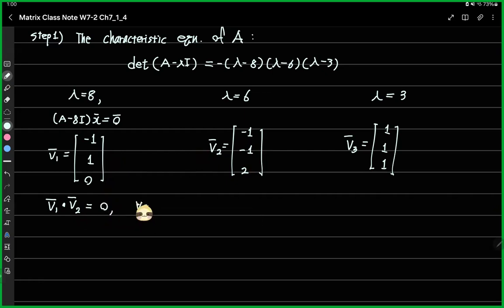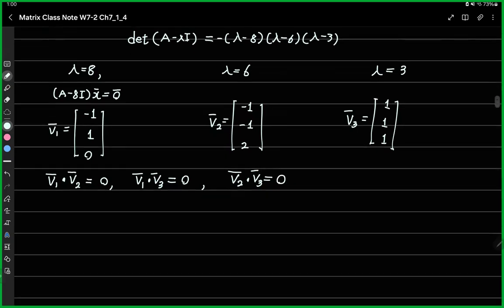And V1 dot V3 must be 0. And V2 dot V3 is -2 plus 2, which is 0. So as you can see, Vi dot Vj is equal to 0 for i not equal to j. Which means that V1, V2, V3 are orthogonal.